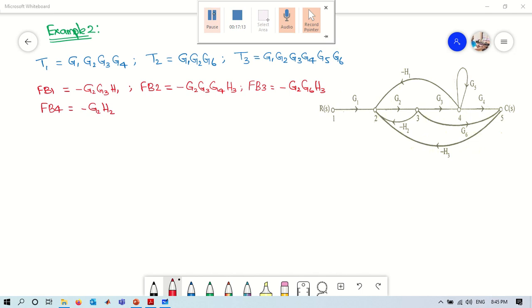And I can have this possibility also from G2, G3, G5 then H1. So let me take the fifth feedback path as minus G2, G3, G5, H1. I think there is no further combination possible with respect to the feedback paths.